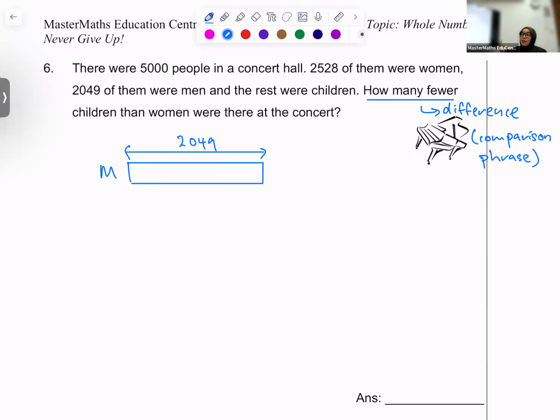Okay. Now next. Yes, very good. We'll draw women. Should women be longer or shorter? Longer, okay? Because we have more women. We have 2,528 women.